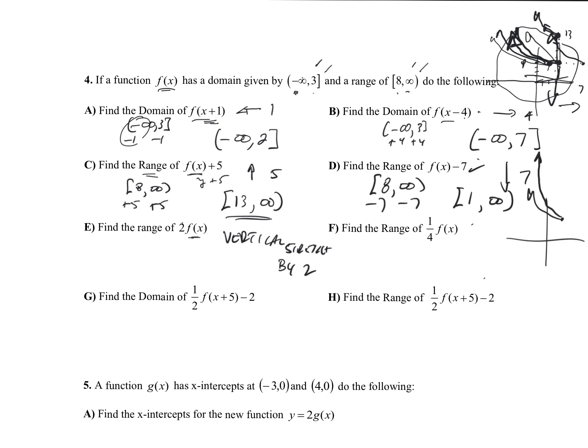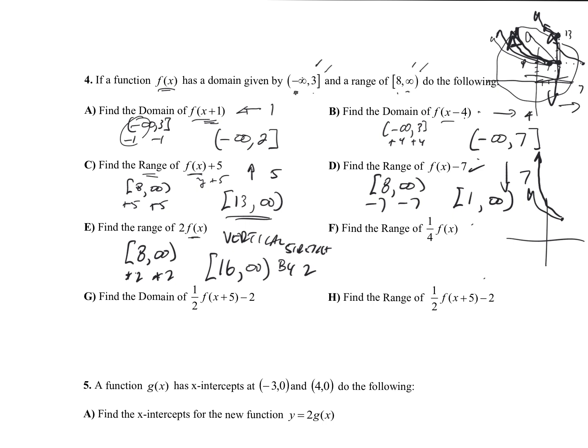It's going to get elongated by a factor of 2. All right, oops, looked like I accidentally hit a key there. Okay, so I'll just basically take my range data, 8 comma infinity, and I'll multiply everything by 2. Well, 8 times 2 is 16, and infinity times 2 is still infinity. So the range has been effectively stretched out, all right?